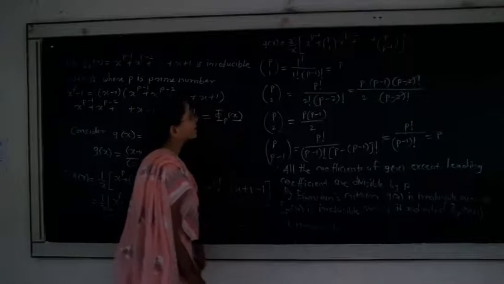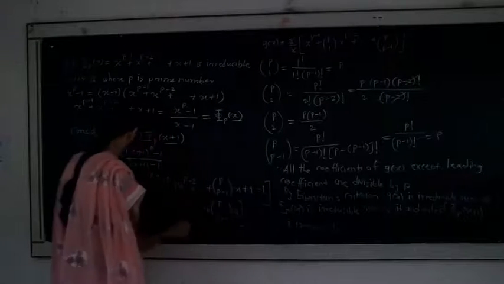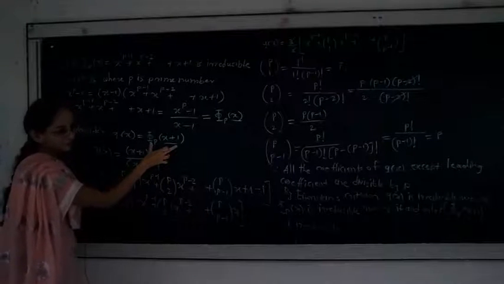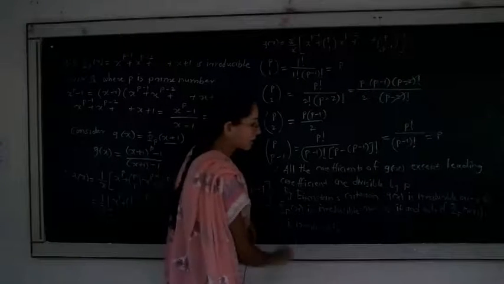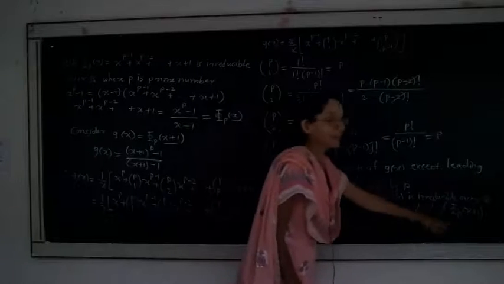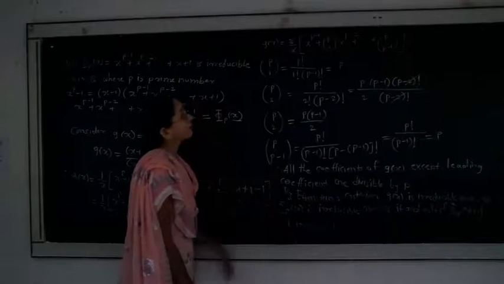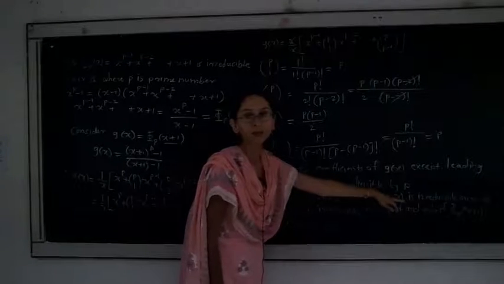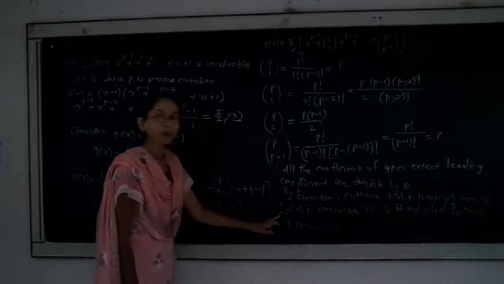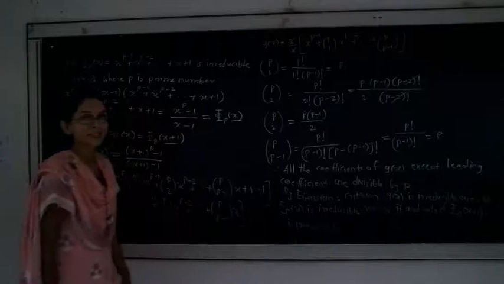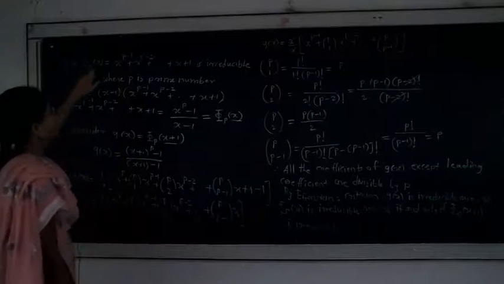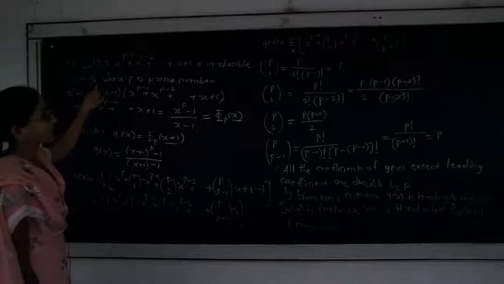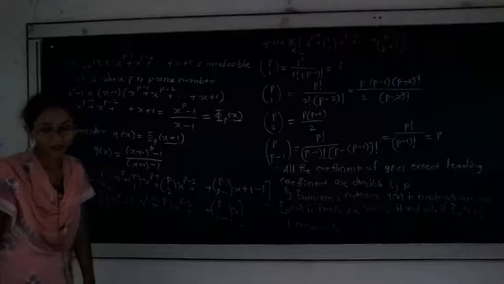We proved that this polynomial g of x is the polynomial phi p of x plus 1. Phi p of x plus 1 is the polynomial g of x, and we proved that the polynomial g of x is irreducible over Q. Hence, the polynomial phi p of x is also irreducible over Q. Phi p of x is this polynomial, and hence our claim is verified.